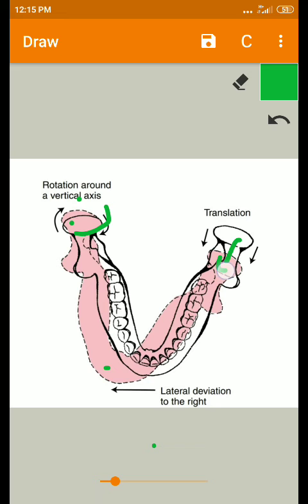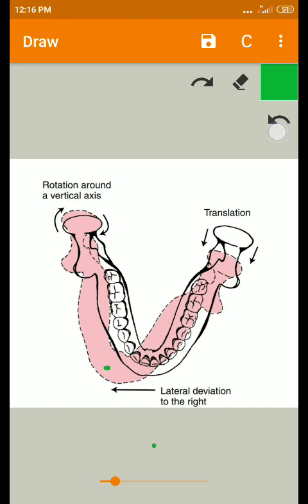The result is the center of the mandible is shifting towards the right side. Normally, the amount of lateral excursion of the joint is about 8 millimeters.